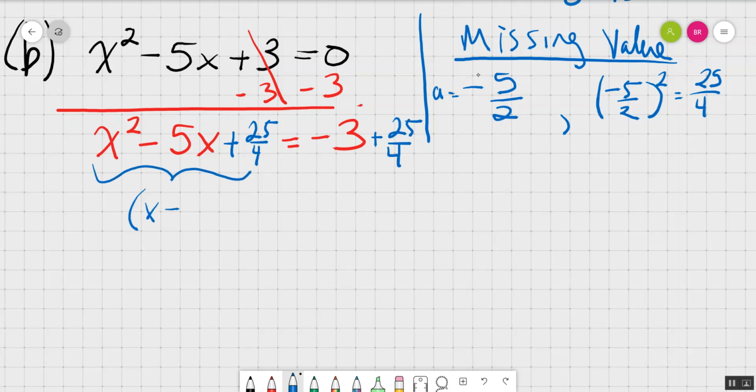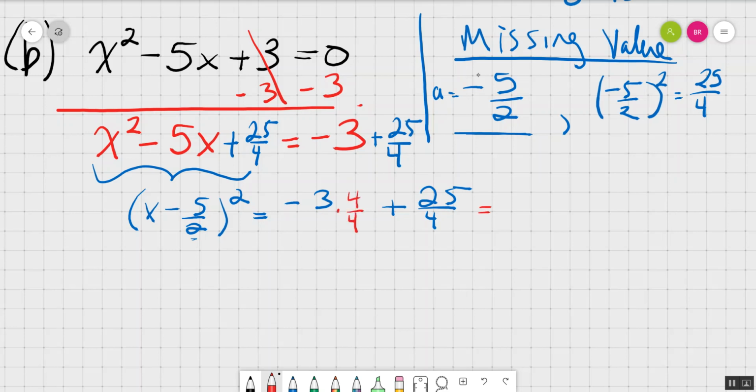x minus 5 over 2 squared. Remember, this value is a. Equals, okay, now I have to be careful because I really need to combine these fractions together. So I have negative 3, I'm going to leave some space, plus 25 over 4. I'm going to need to change this into fourths. So I'm going to multiply by 4 over 4.